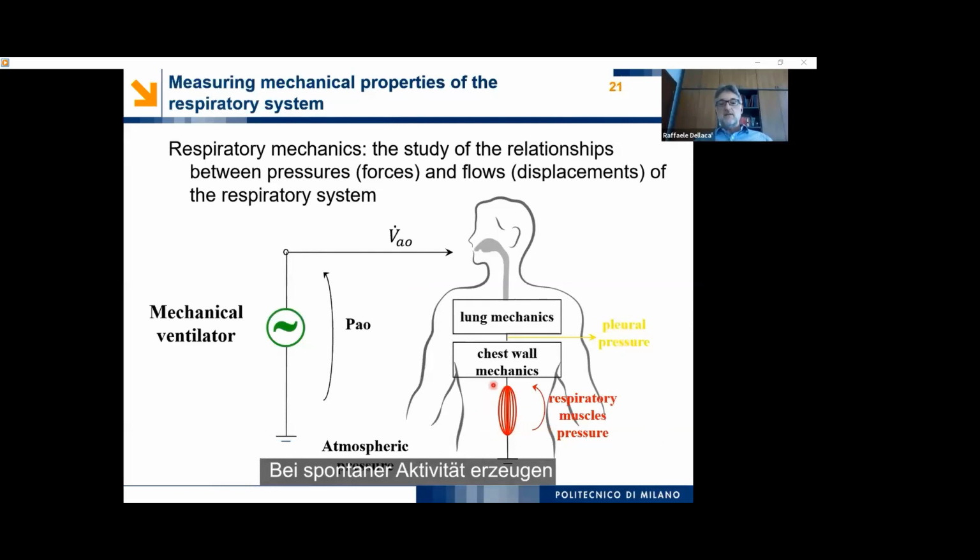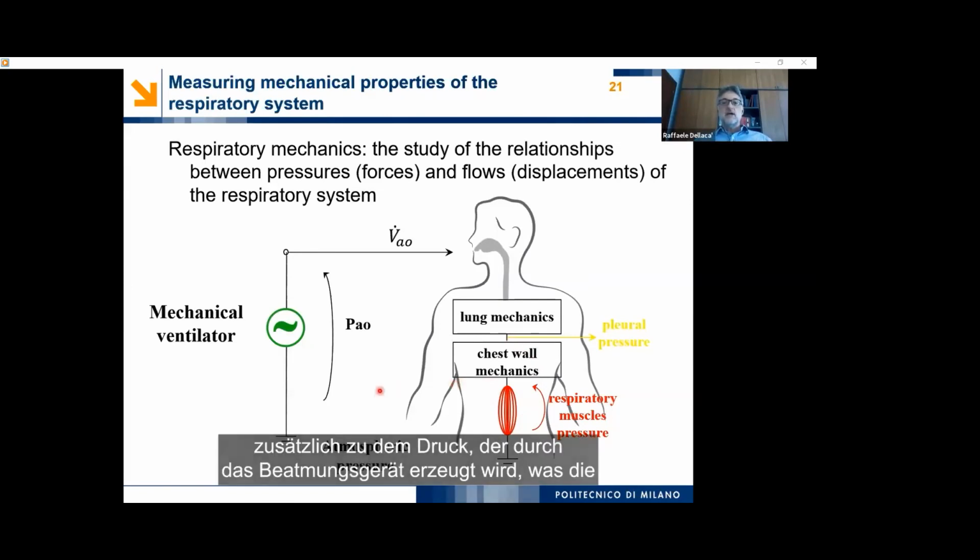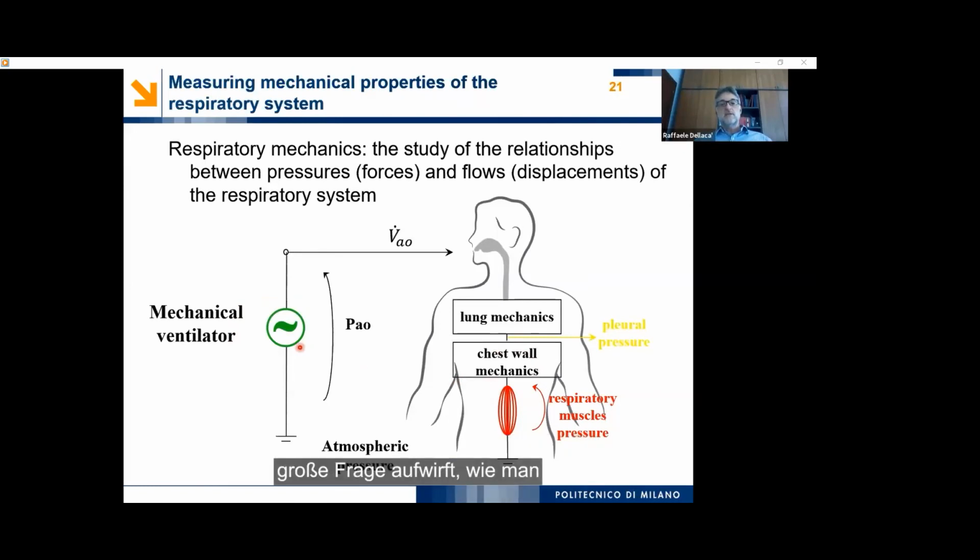If you have spontaneous activity, respiratory muscles will be generating pressure that is applied to the lung through the pleura. This pressure will be added on top of that produced by the mechanical ventilator, creating the big issue of how to measure the real pressure that is applied to the lung.